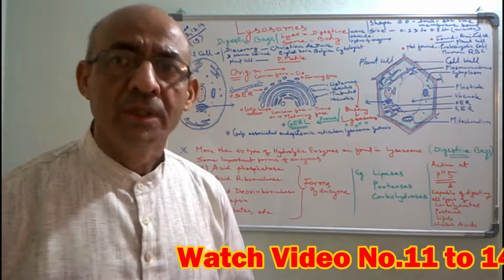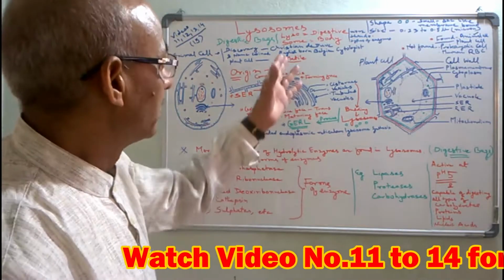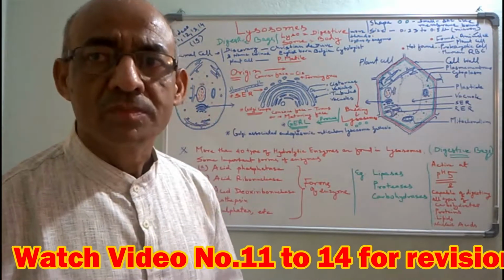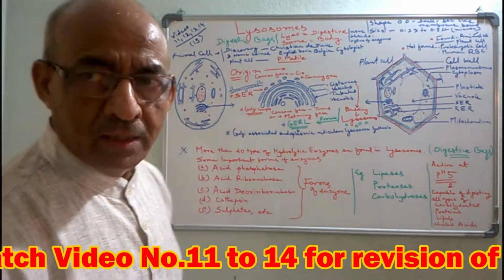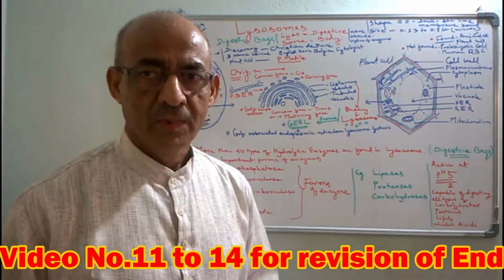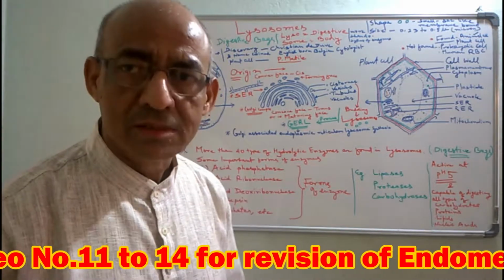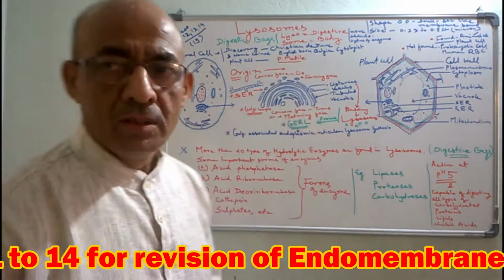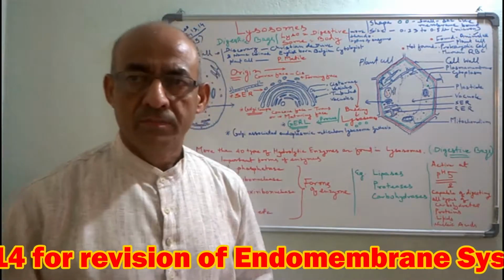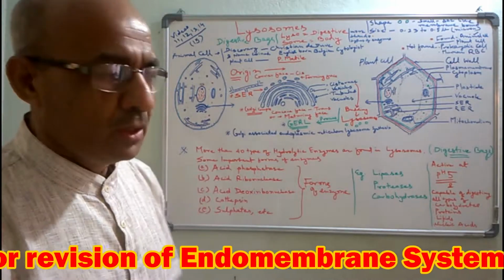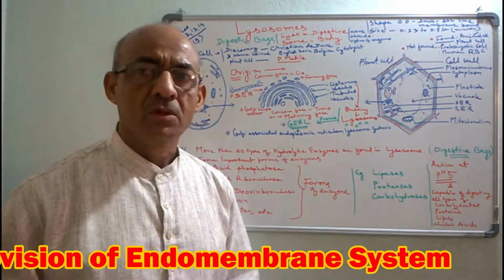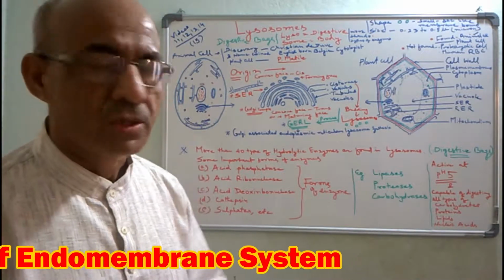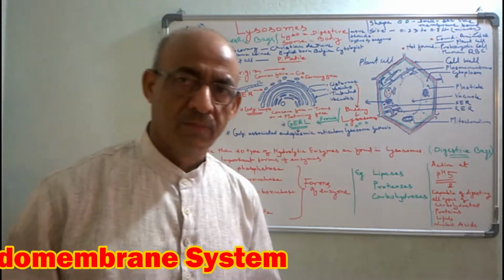But you should know that this scientist discovered the lysosomes in animal cells. After him, another scientist, P. Martin, first recognized the lysosomes in the case of plant cells.